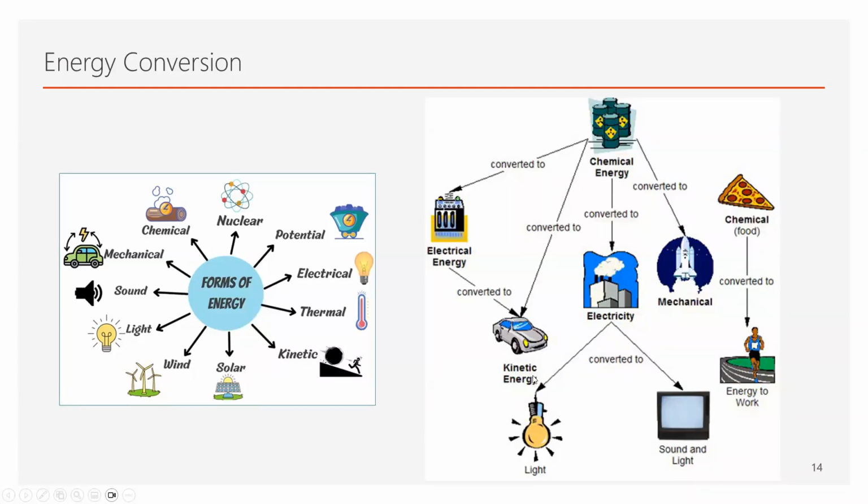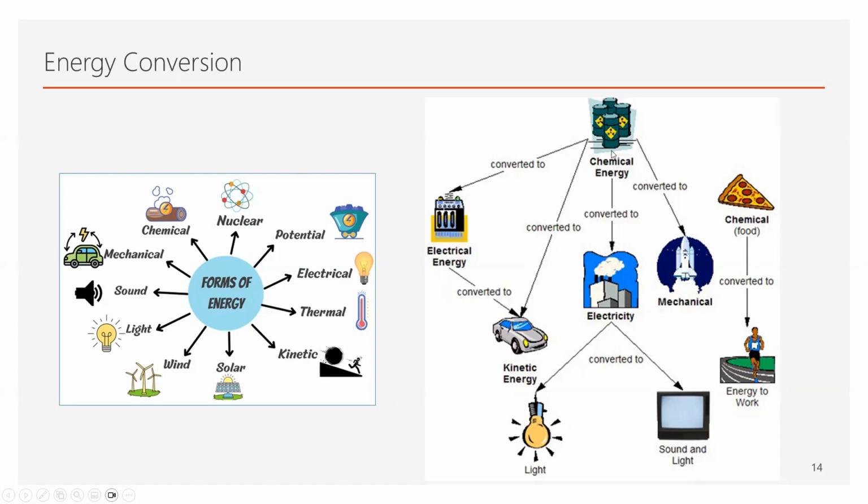In a car, we convert from chemical and electrical energy to kinetic energy. Then from chemical energy we convert to electricity, and then we convert this electricity to light energy and sound, if we talk about television or mobile.